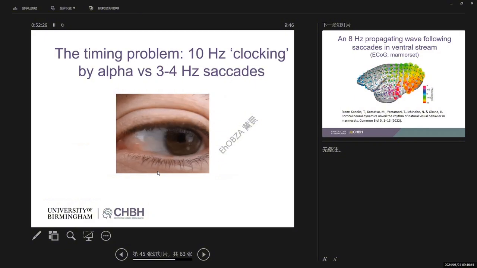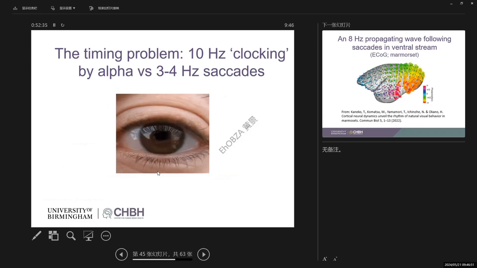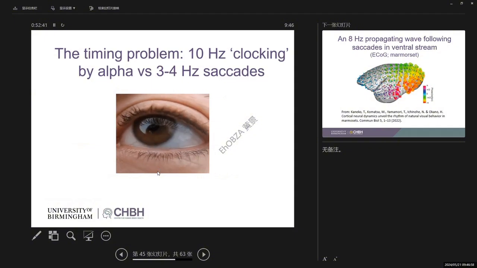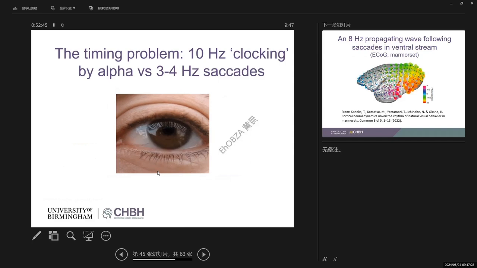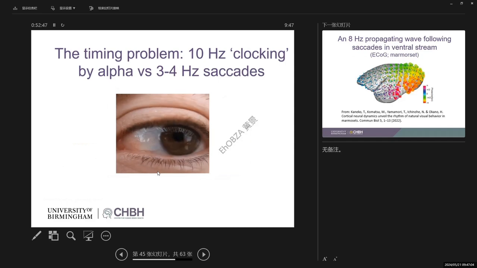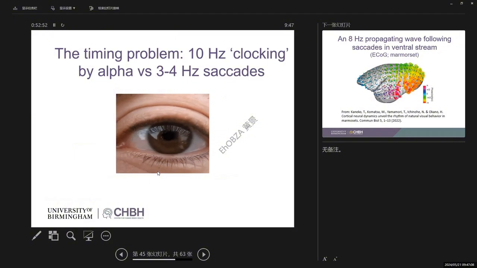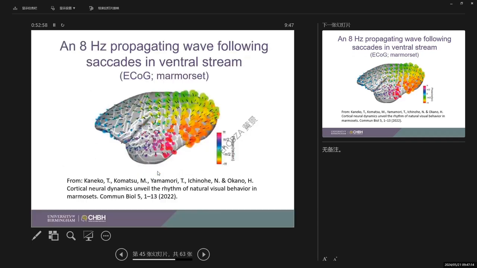If you have to do these saccades at 3 to 4 hertz, it seems silly to design a visual processing system that has a clock frequency of 10 hertz, unless these saccades are locked to the phase of the ongoing alpha oscillations. Then things can start to make sense again, right? So I'll now show you some support for this actually being the case.